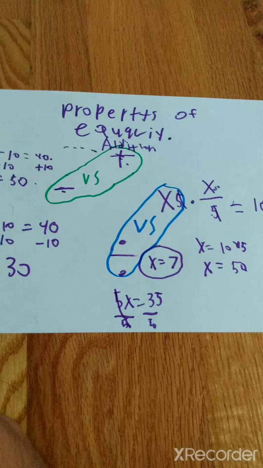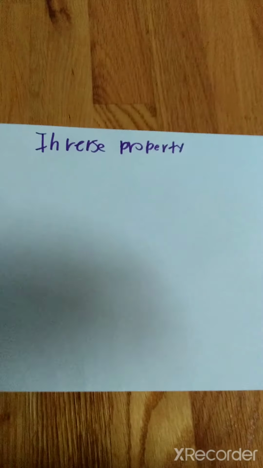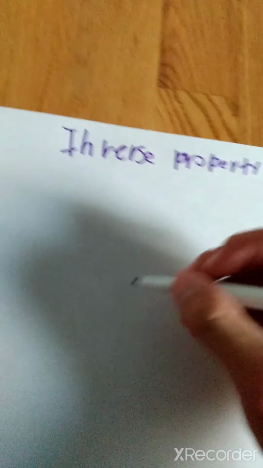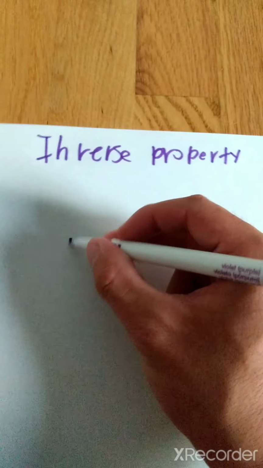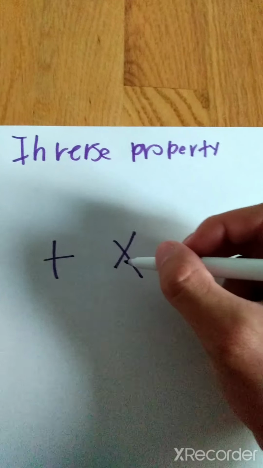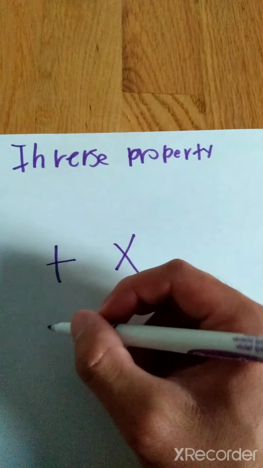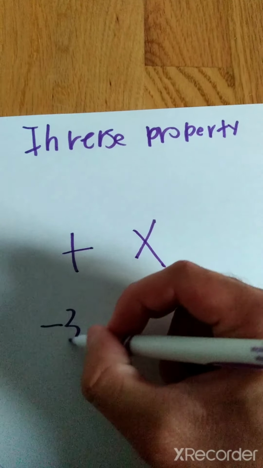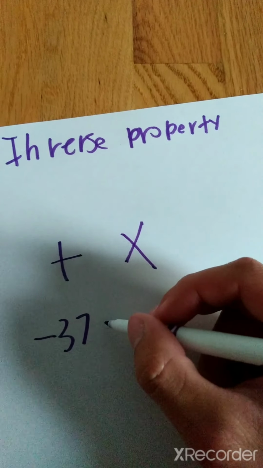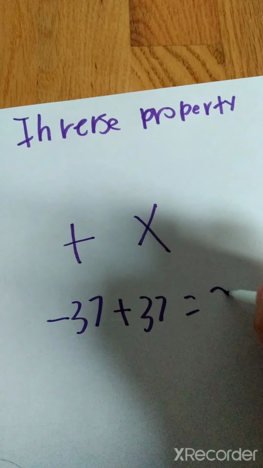With all four operations. Here's an easy one that we can take a look at: the inverse property. And that will only work with addition and multiplication. Let's start with addition. What happens if we have an example of negative 37 plus 37 equals 0?